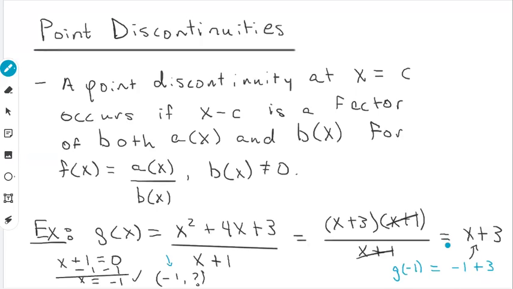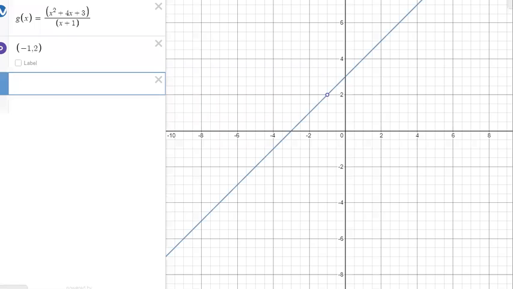So I get -1 plus 3. What's -1 plus 3? That's going to be +2. So I know what the y coordinate is now. I'm going to erase this question mark and replace it with a +2. So it is at that point, -1, 2, on my graph where the hole is. That's where the point discontinuity is.